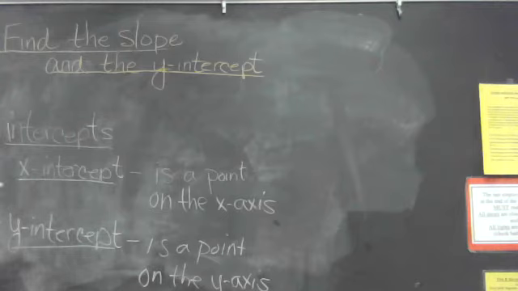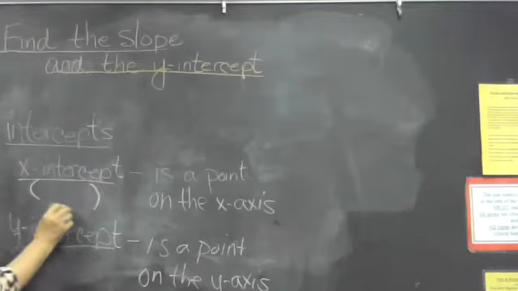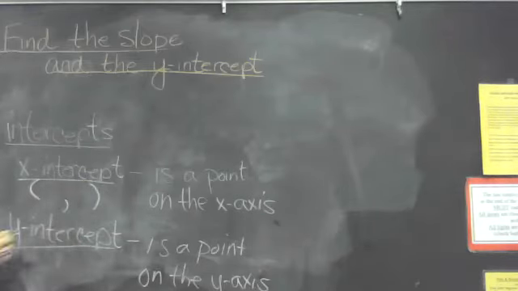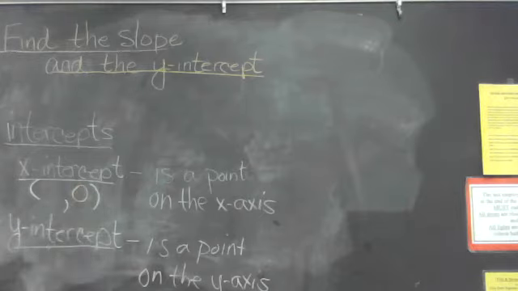I'm going to show you an example, but it does depend on whether it's on the x-axis or the y-axis. So if there is an x-intercept, you're going to know by looking at it that it is an x-intercept because the y will always be 0.